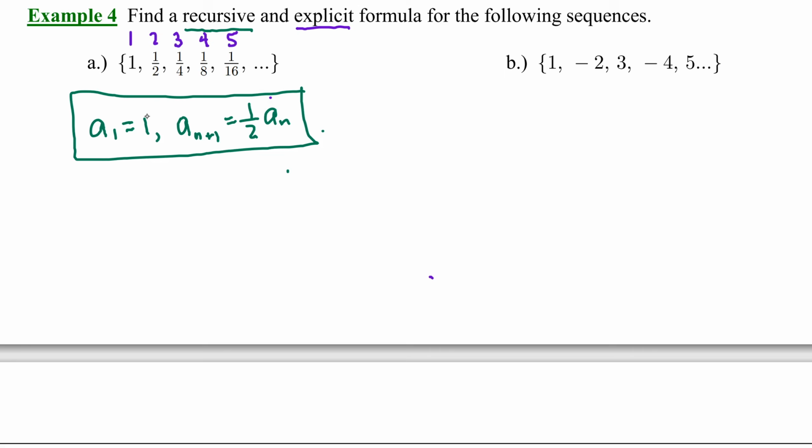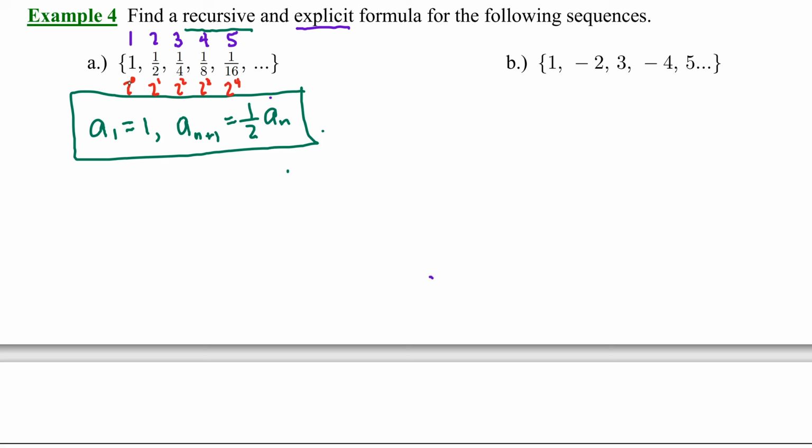Notice in the denominator we do have powers of 2. So I'm going to think of this first denominator as 2 to the first power. This would be 2 to the second power, 2 to the third power, and 2 to the fourth power. If I want to be consistent, I can say that one's 1 over 2 to the 0th power.